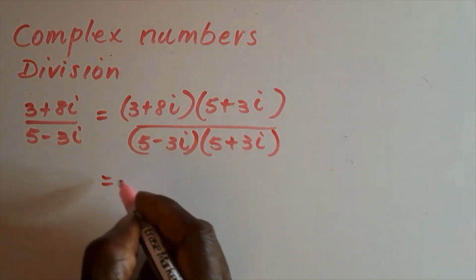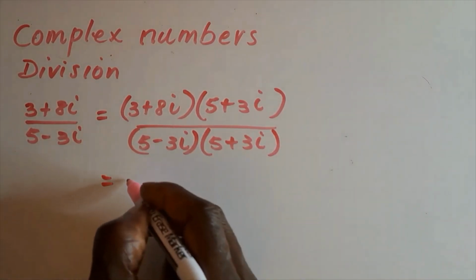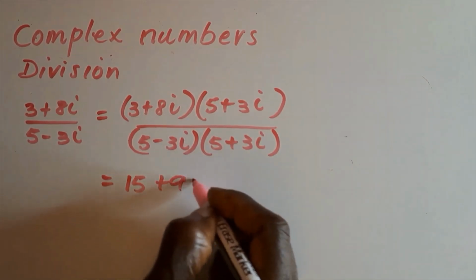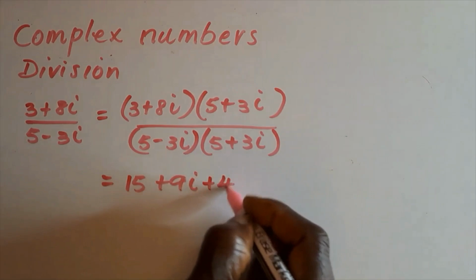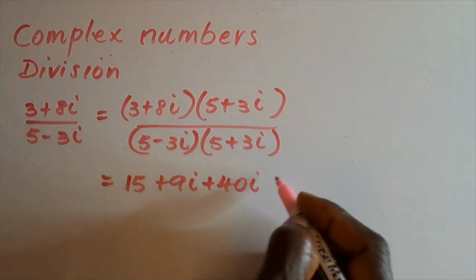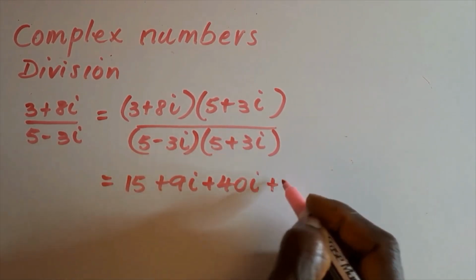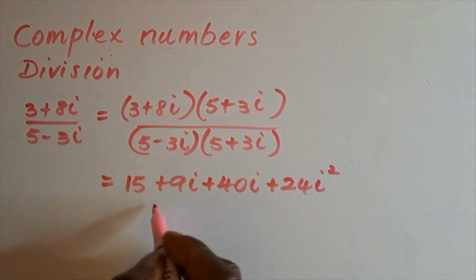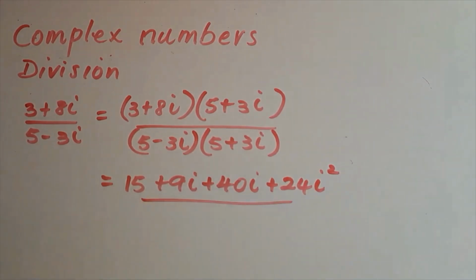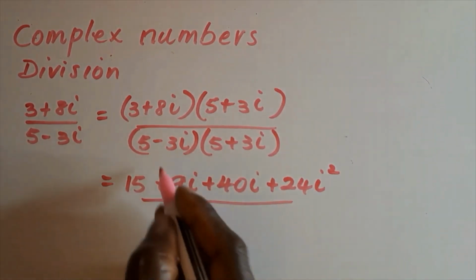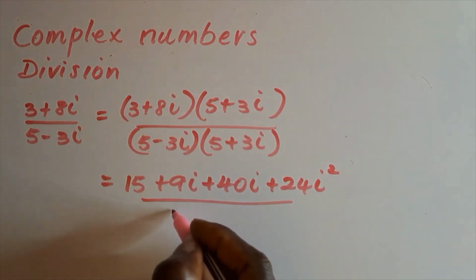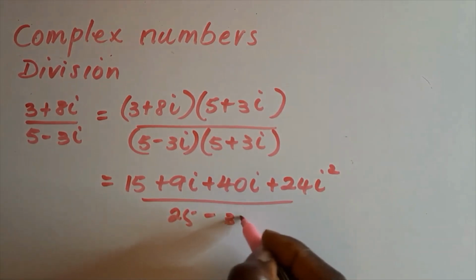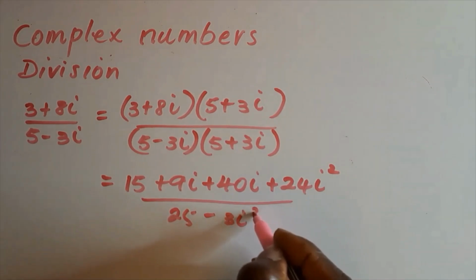So we'll clear brackets in the usual way. 15 add 9i add 40i add 24i squared, and this denominator is 5 squared, which is 25 minus 3i squared.